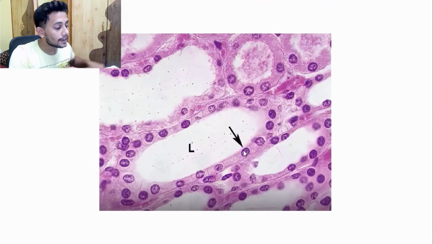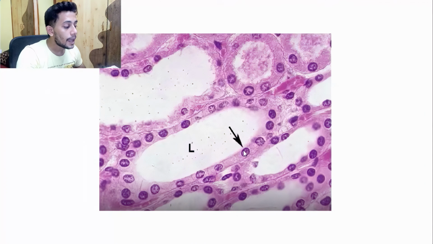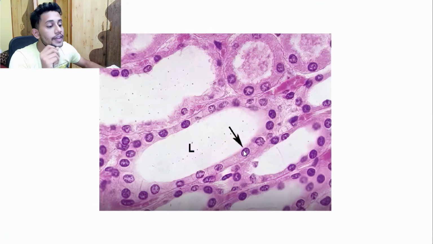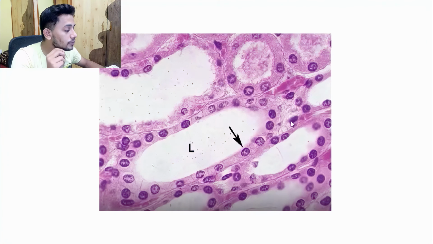So you would find this simple cuboidal epithelium in the renal tubule, or you can find them in the salivary gland, both the simple and stratified. Keep that in mind. Simple and stratified cuboidal, you will find them in the salivary gland.